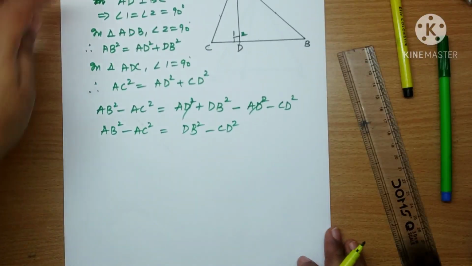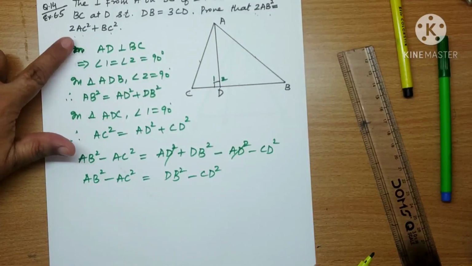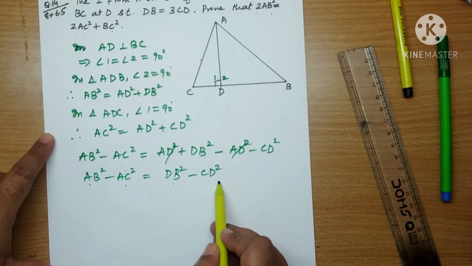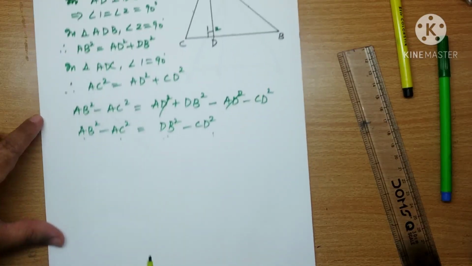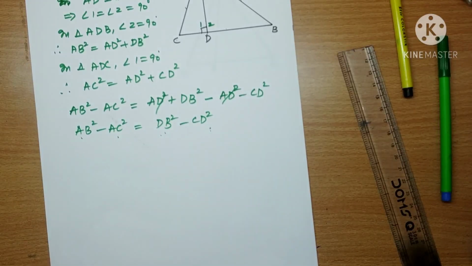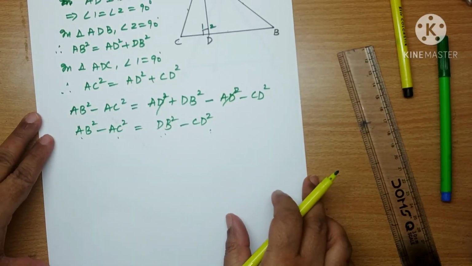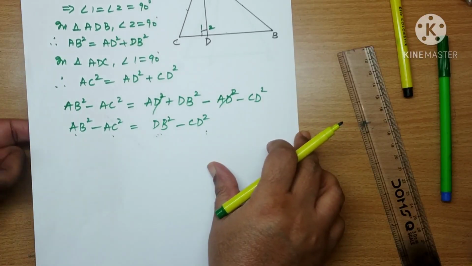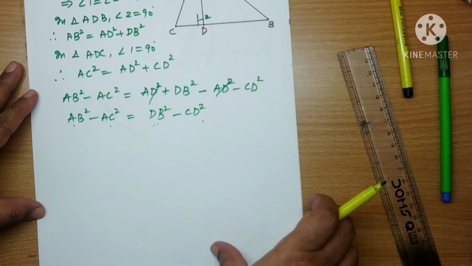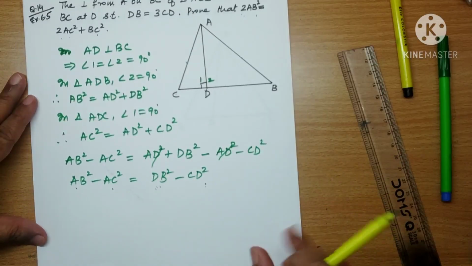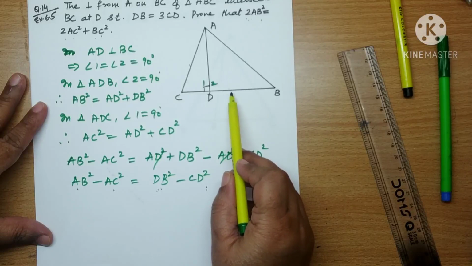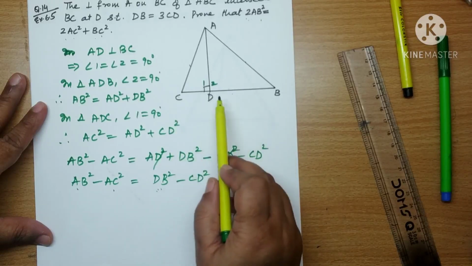Now observe, I had to prove 2AB square equal to 2AC square plus BC square. So this we are not going to disturb. Now this we need to change. We need BC square. Anyhow, what is the relationship given? The relationship is DB is 3CD. So can I write, either we use DB equal to 3CD right now, or we can use it later on also. I want a relationship in BC. Can I write DB using BC and CD?